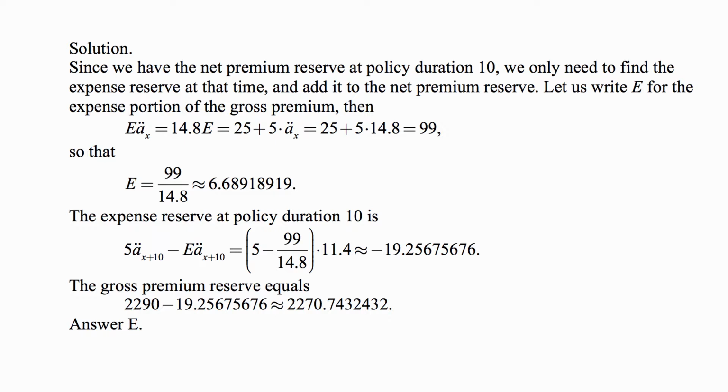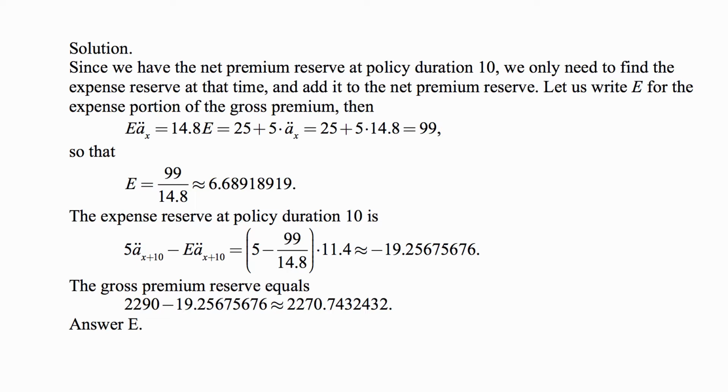The expense reserve at policy duration 10 is the actuarial present value of future expenses minus the actuarial present value of the future expense premiums. So it's 5 A double dot X plus 10 minus E A double dot X plus 10. So this is simply 5 minus 99 over 14.8 times 11.4, because A double dot X plus 10 is given as 11.4 in the problem.